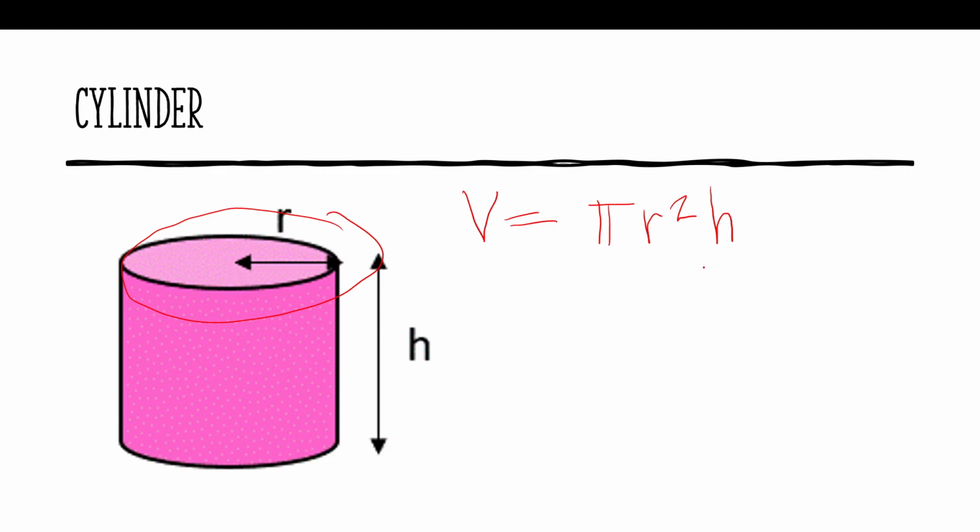So, yan na po yung ating magiging formula. Pi r squared height, or pi times r squared times height. Kung gusto nyo pahabain, pi times r times r times height. Baka makalimutan nyo pa, times radius times height.